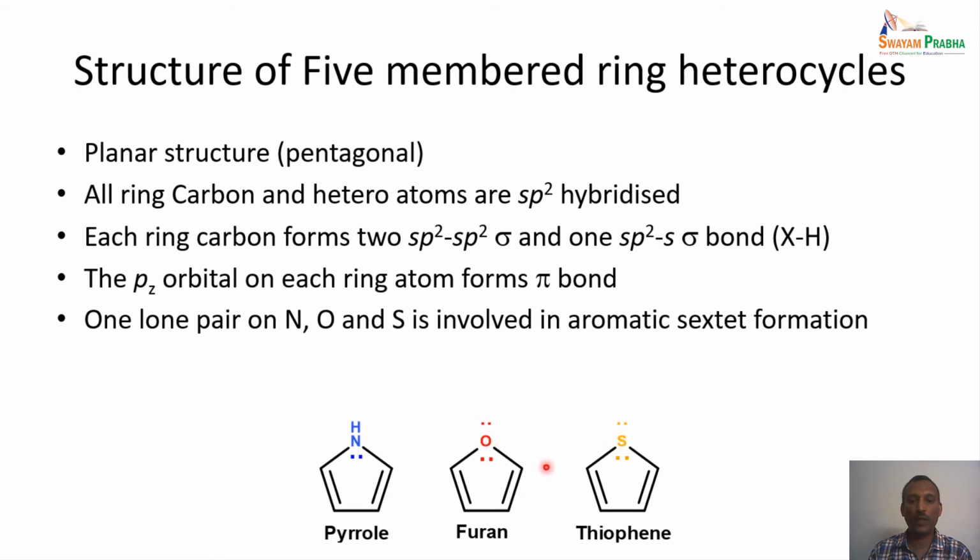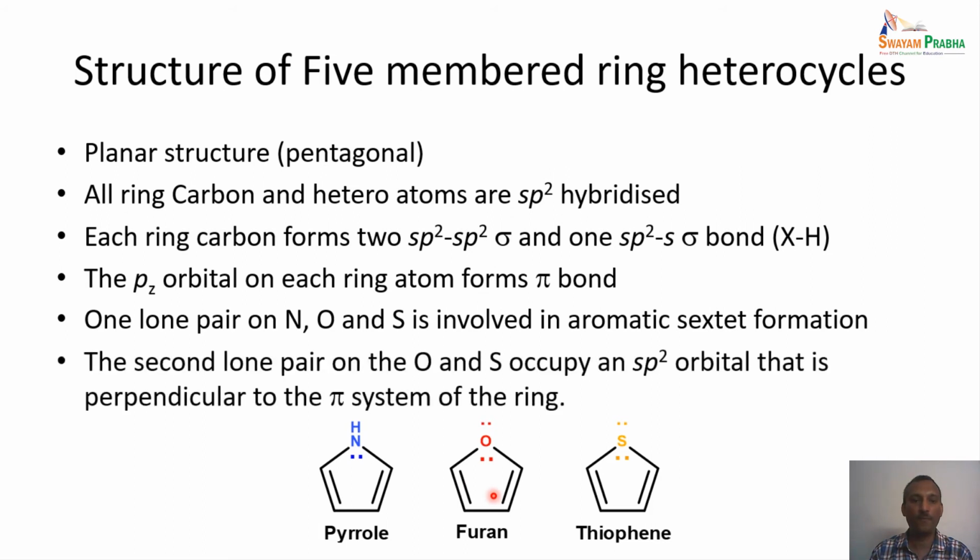Out of the 2 lone pairs, only one is involved in the aromatic sextet formation, that is the 6 electron formation. In the case of oxygen and sulfur, the second lone pair occupies an sp2 orbital that is perpendicular to the pi system. When we look at the individual structures, we will see how it is actually represented.